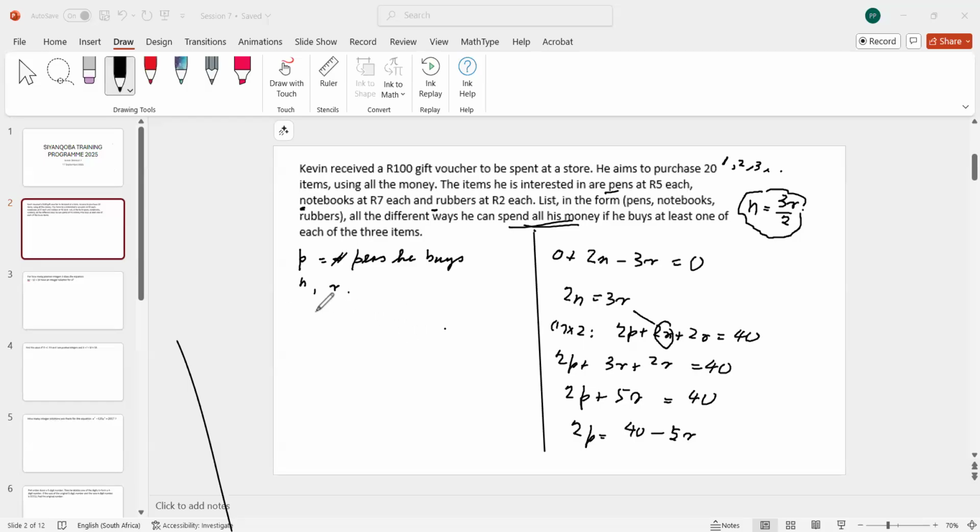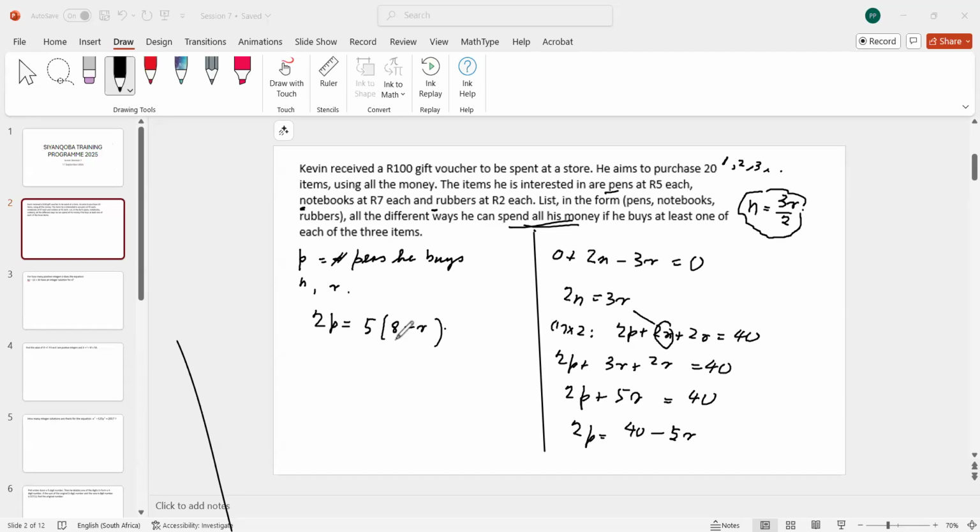I have 2p. Let's take the 5 out: 5 into 8 minus r. Right, now remember, all these are integers. P is greater or equal to 1. So it means that these are positive integers.